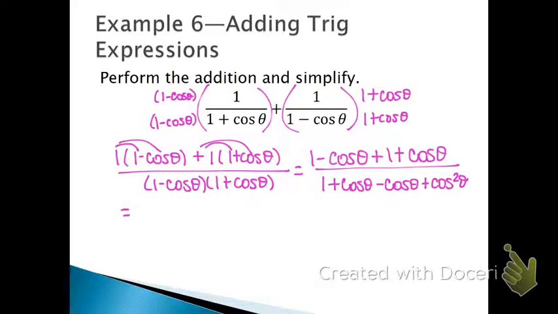Alright, so then combine your like terms on top. So 1 plus 1 is 2. Negative cosine plus cosine cancels, right? On bottom your cosines cancel, so you got 1 plus cosine squared.